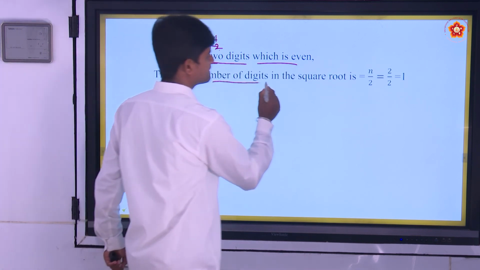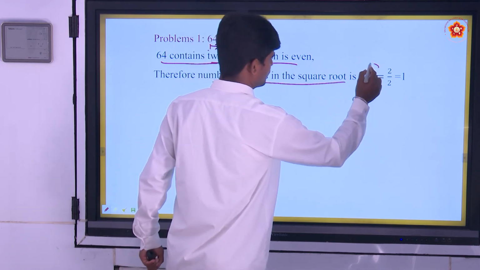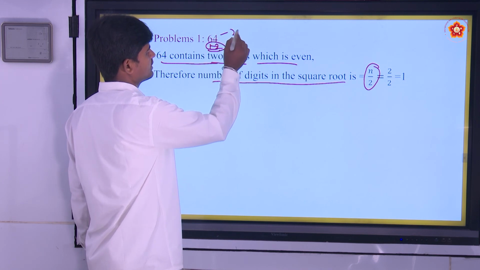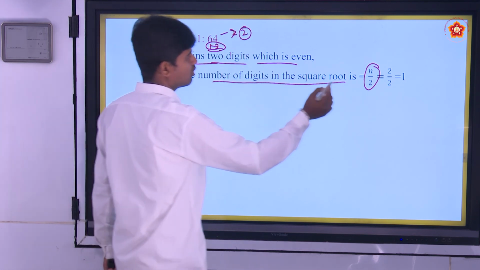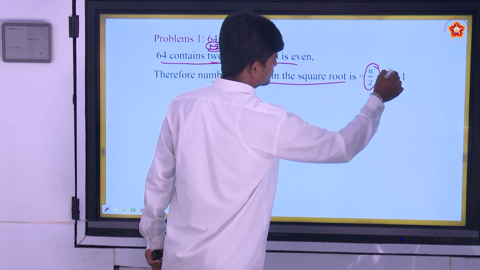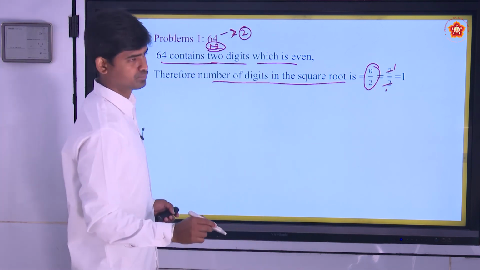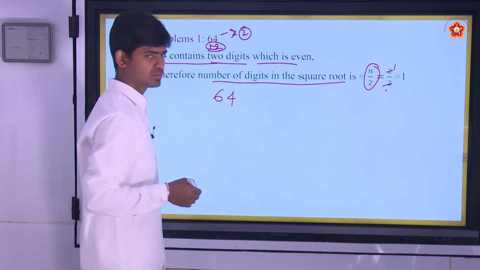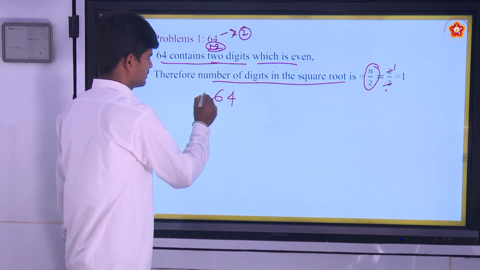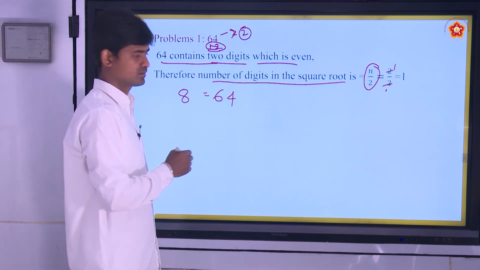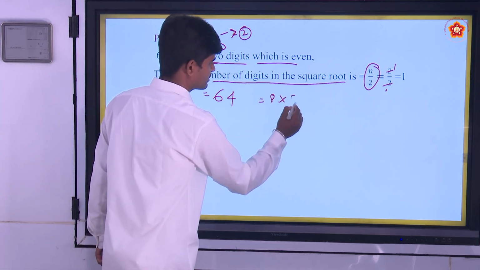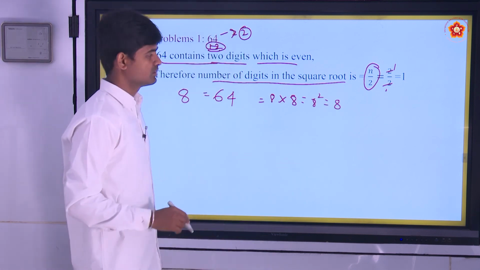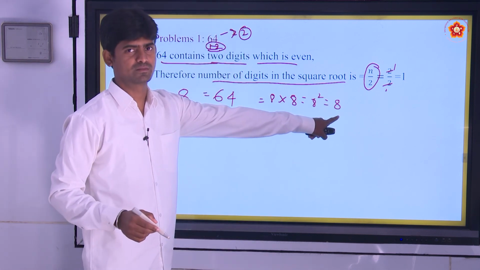Therefore, the number of digits in the square root is n by 2. n means 2 digits, so 2 by 2, that is equal to 1. What is the square root of 64? It is 8, since 8 into 8 is equal to 64. So it is only one digit.